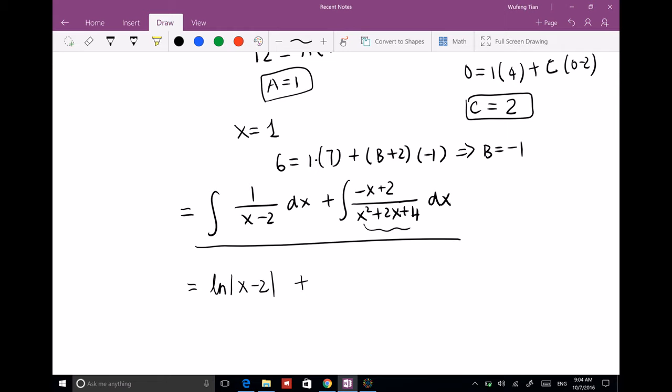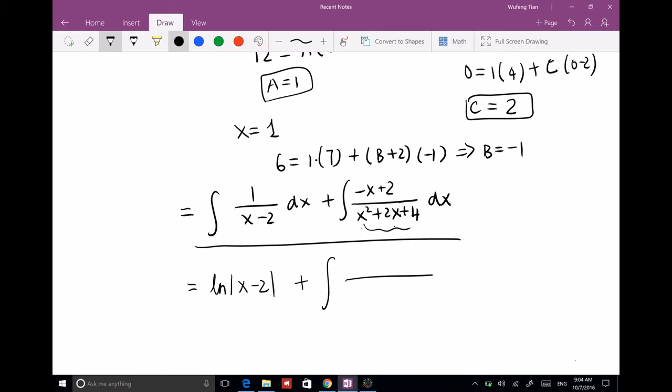Yeah, we can try to, well, this is x squared, this is 2x. We probably can do one thing. The derivative of x squared plus 2x is 2x plus 2.